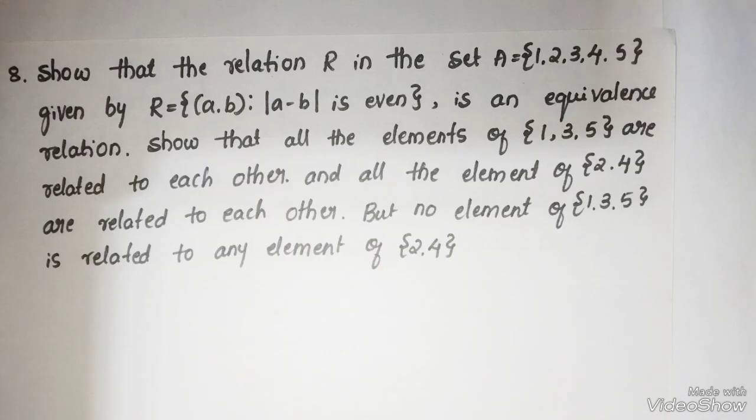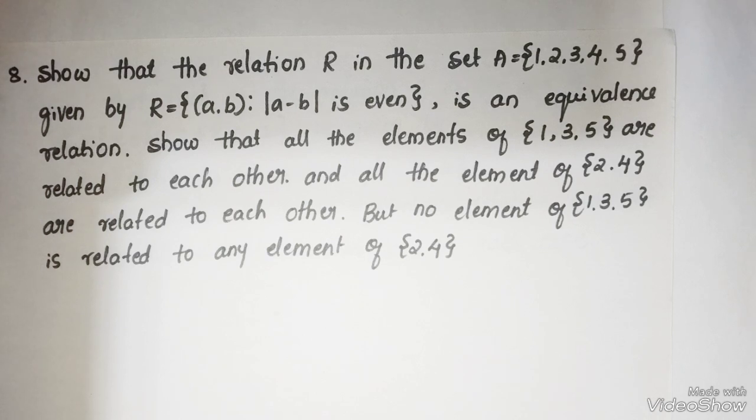Now, the next question. Show that the relation R in the set A equals {1, 2, 3, 4, 5} given by R equals (a, b) such that a minus b is even is an equivalence relation.